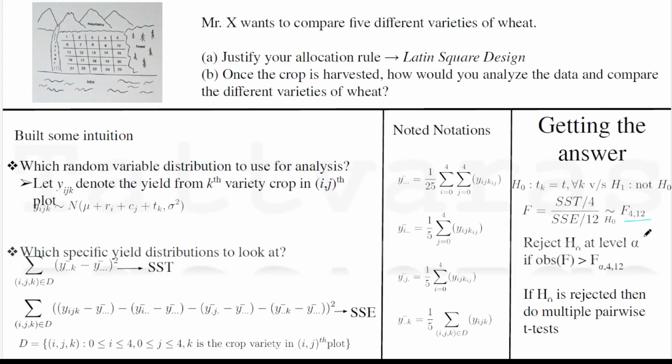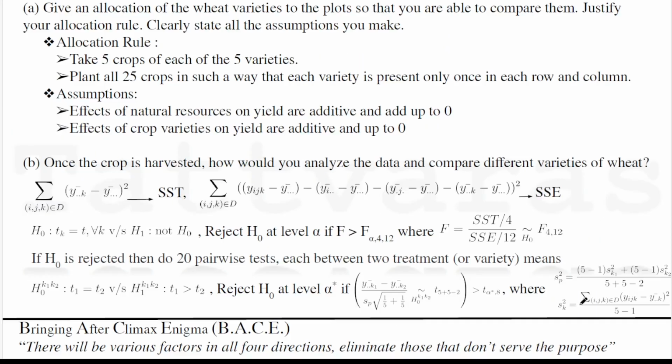And simple, we reject the null hypothesis of equality if the cutoff value for the appropriate distribution at level alpha is exceeded by the observed value. And if it is rejected, there's something more to be done. That is multiple tests. Now, assuming your F statistic leads you to the rejection of this null hypothesis, then your problem is not solved.